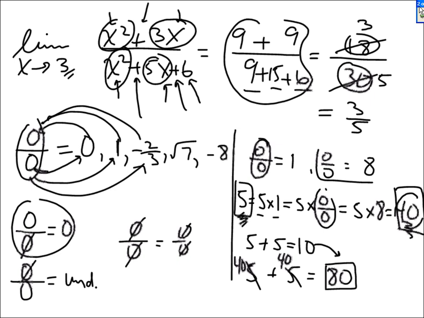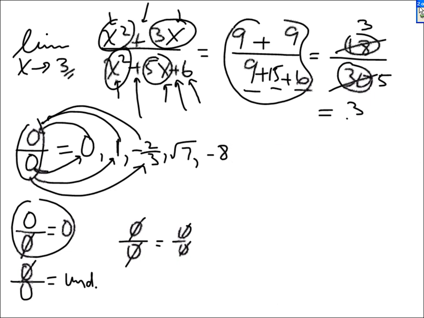That is, we can't have 0 over 0 equaling any number. 0 over 0 is indeterminate. 0 over 0, we call this indeterminate.